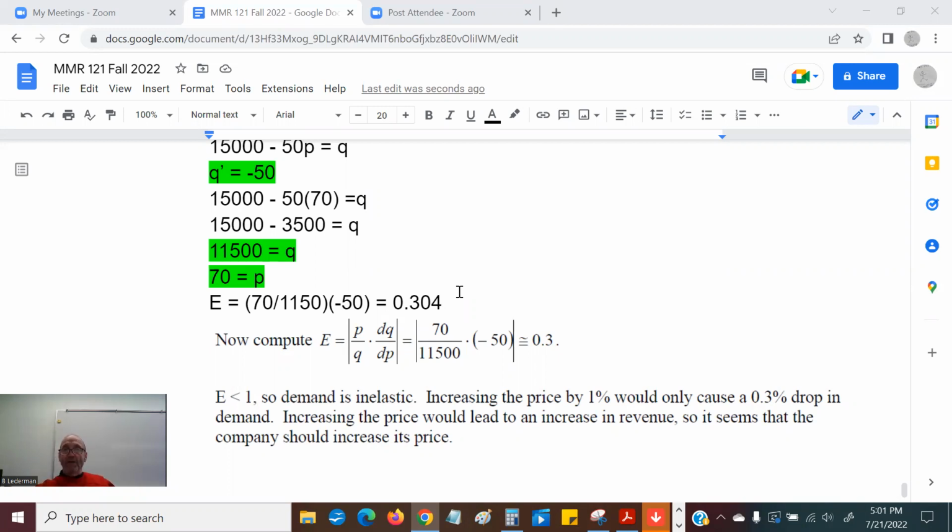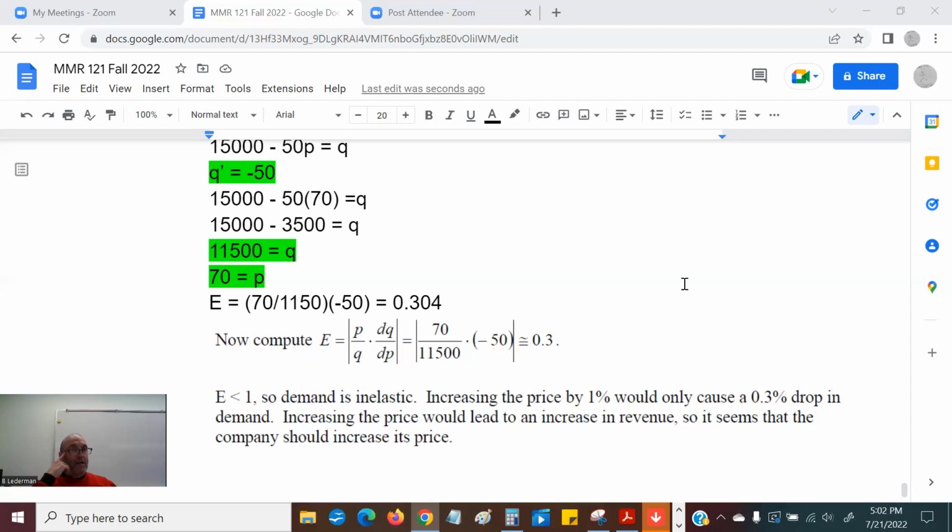If you increase the price, it's going to decrease the demand. How much of a decrease? Since E is 0.3, increasing the price by 1% would only cause a 0.3% drop in demand.